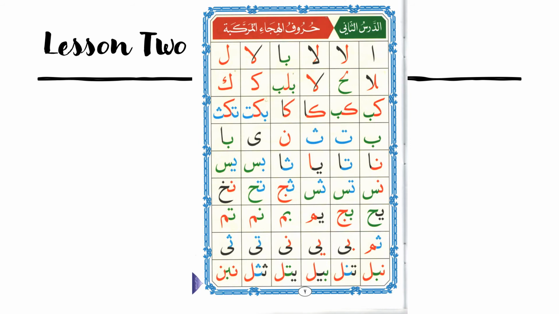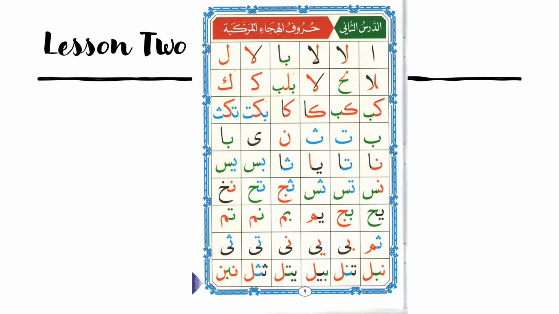So all this will show you how to write the ba, ta, ya, tha, noon in the beginning and at the end. So these show how to put the sin at the end, and if you put dots it will be sheen.